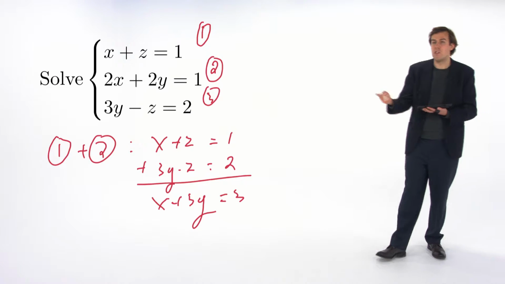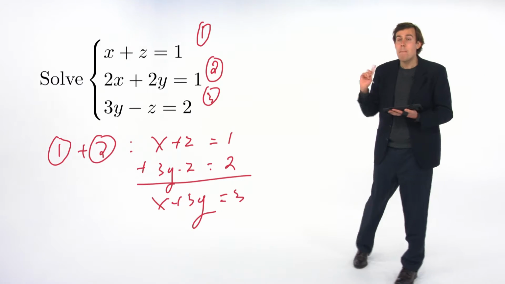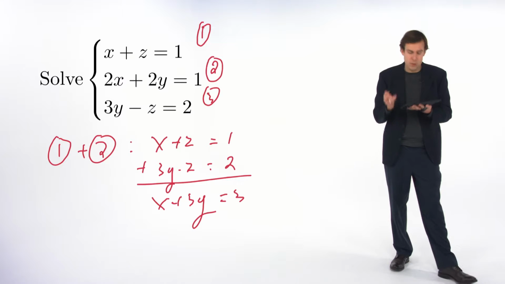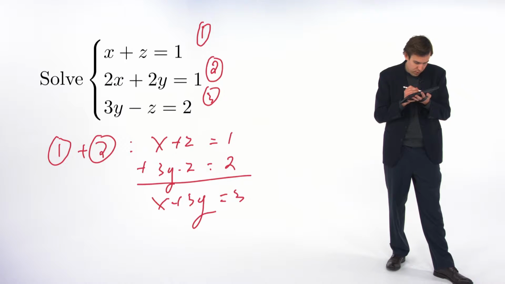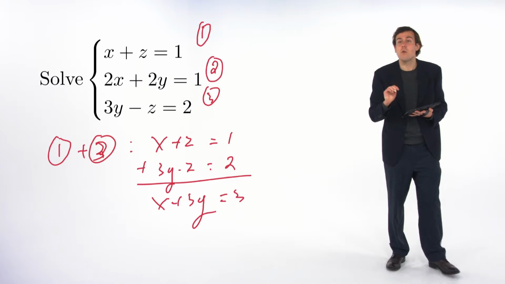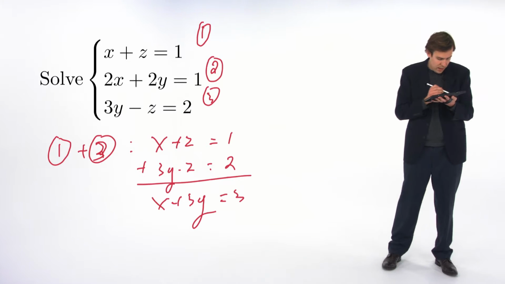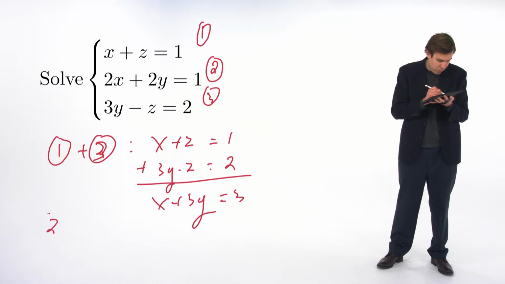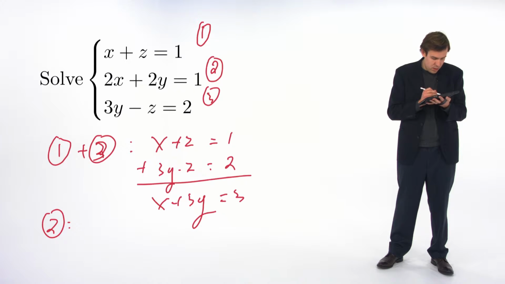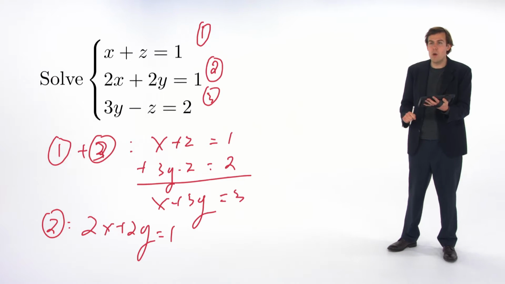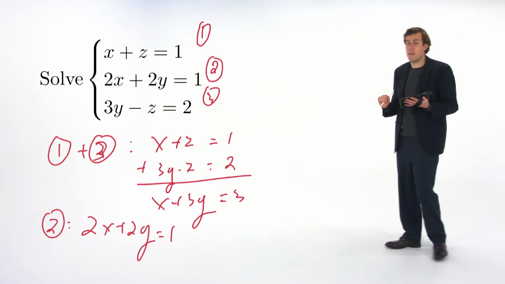So now I have a relationship between x and y. But I also have an equation on x and y from equation 2. So I'll say equation 2 is 2x plus 2y equals 1. So I know 2x plus 2y is 1, and x plus 3y is 3.